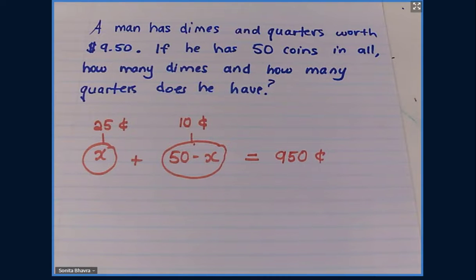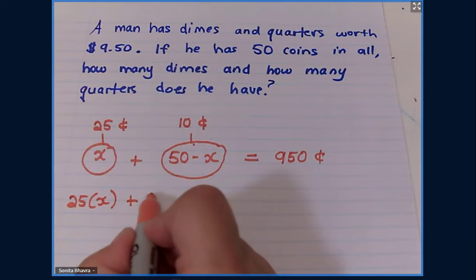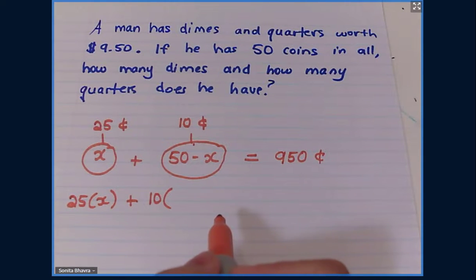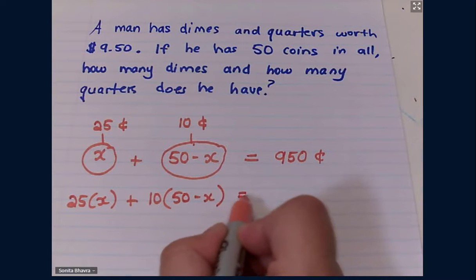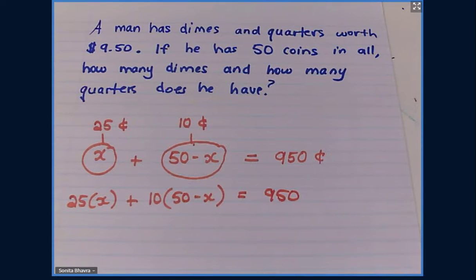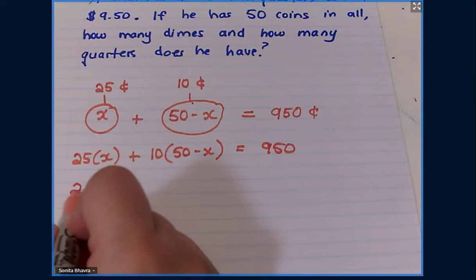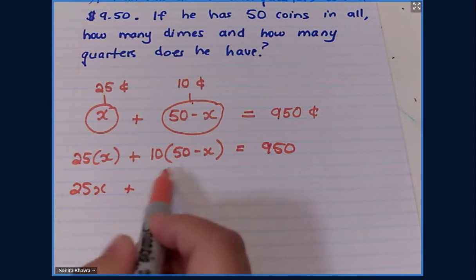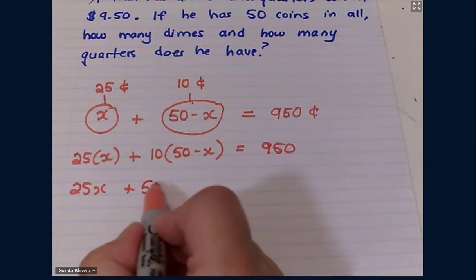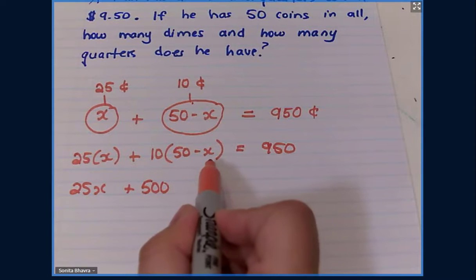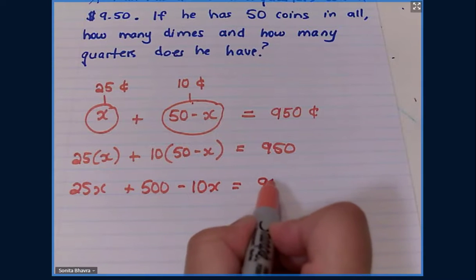So 25 times X plus 10 times 50 minus X, and it's equal to 950. All right, so 25 times X gives me 25X, plus 10 times 50, that is 500. 10 times minus X is minus 10X, and it's equal to 950.